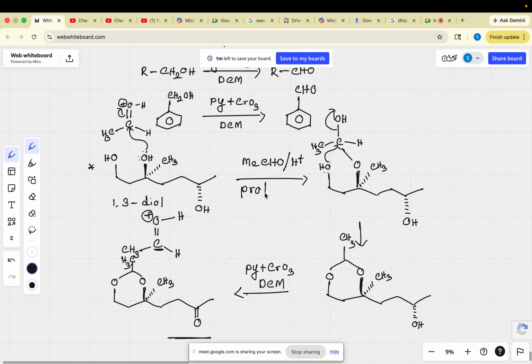You can write down, this is your protection of 1,3 diol, and this is your acetal. Acetal protection. Done.